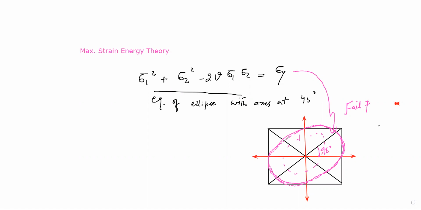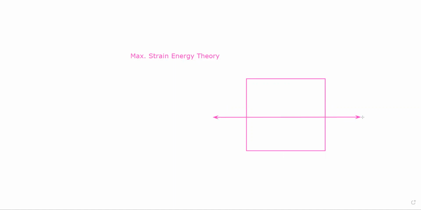If you look at the maximum distortion energy theory, its graphical representation is also in the form of an ellipse. Okay, you can verify it with the help of the already derived equations.